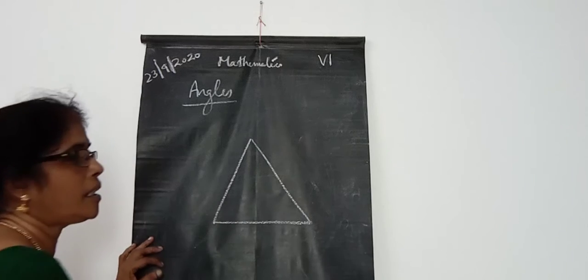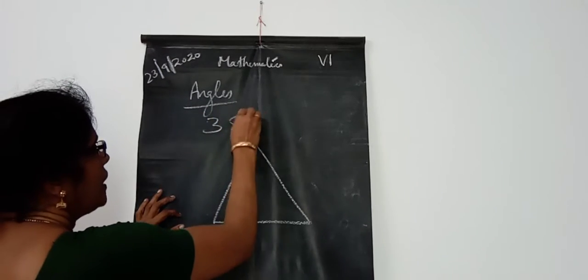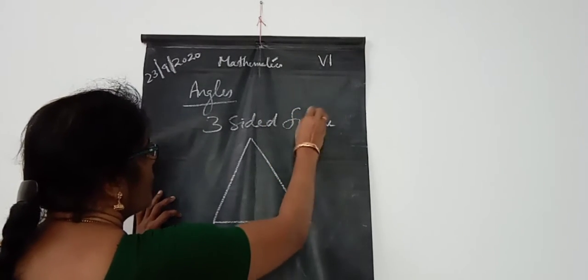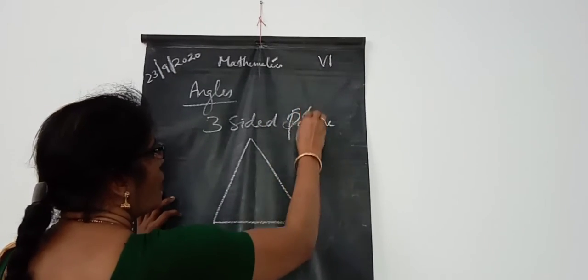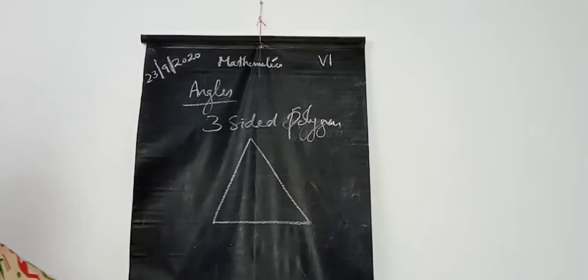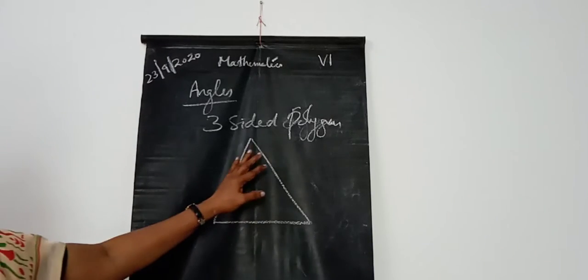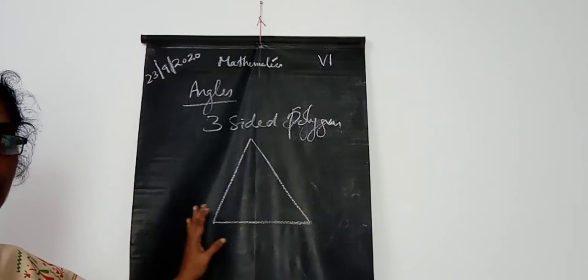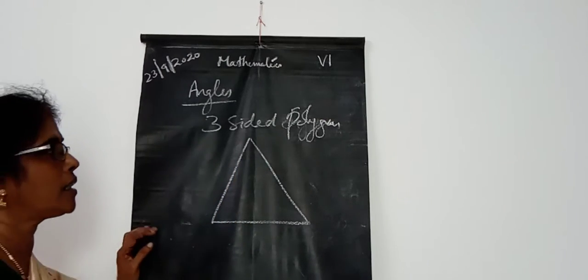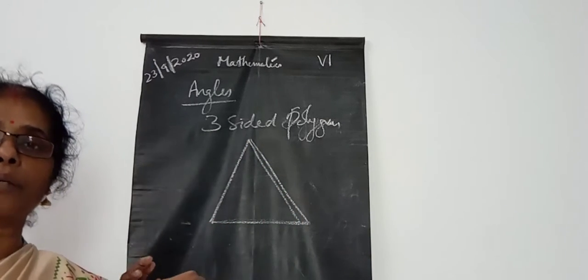Next one is the triangle. Triangle means a three-sided polygon. A polygon is a figure made by line segments, isn't it? Here three line segments are already made, so this is a three-sided polygon, and that is the least sided polygon.